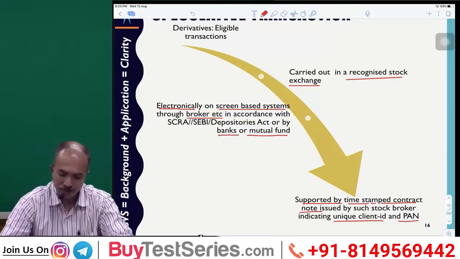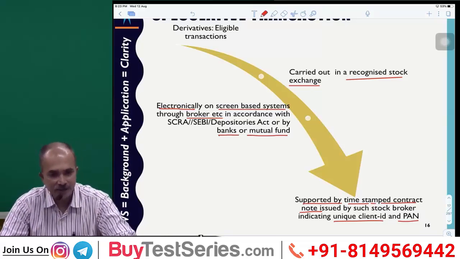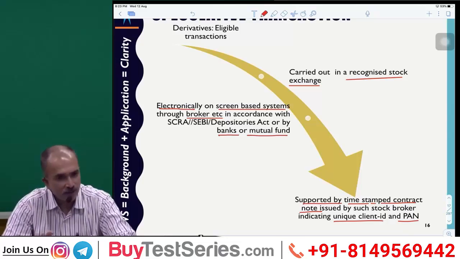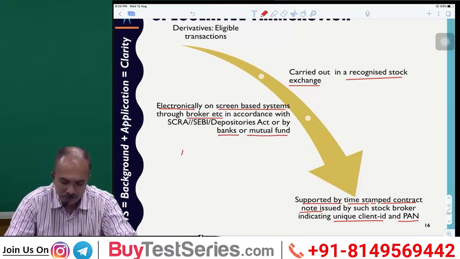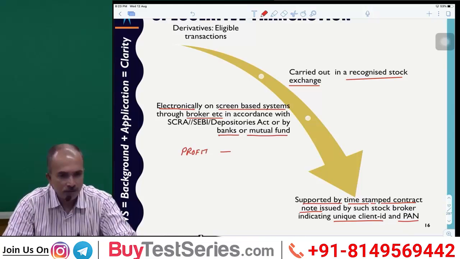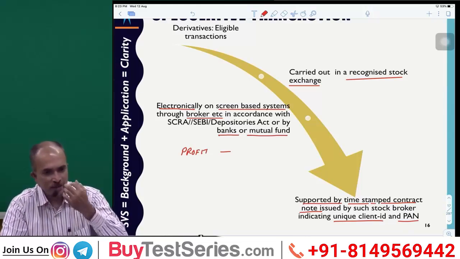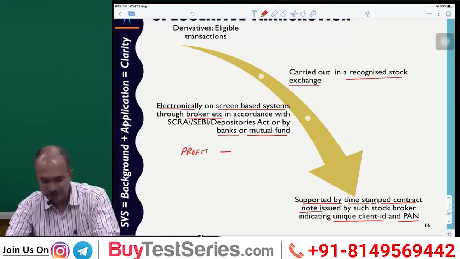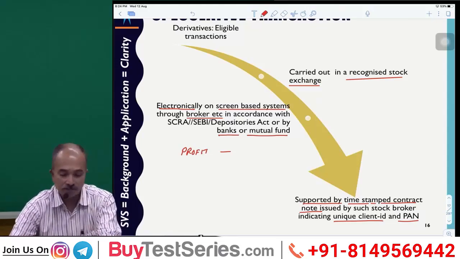But now the real question is, why this fight? ये मारामारी क्यों है? डेरिवेटिव है, सॉरी स्पेकुलेटिव है या नॉन स्पेकुलेटिव है? See, जब तक प्रॉफिट है, नो प्रॉब्लम. Income tax is not bothered, you are not bothered. स्पेकुलेशन है या नॉर्मल बिजनेस प्रॉफिट है, टैक्सिंग इज सेम.